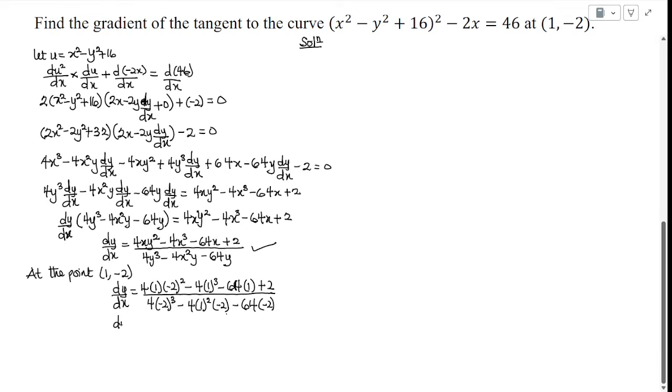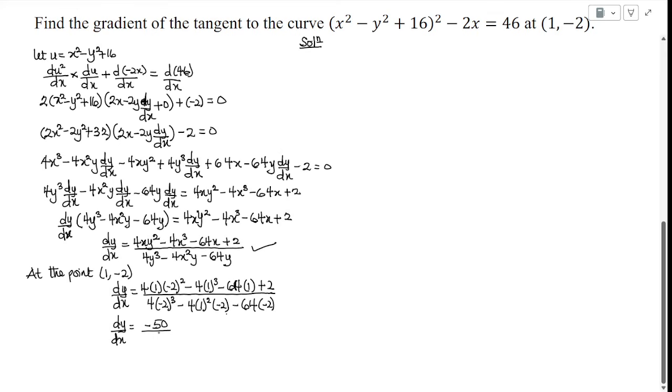So our derivative of y with respect to x will now be 4 multiplied by 1 and also multiplied by (−2) squared, minus 4 multiplied by 1 to the exponent 3. Then we also have −64 multiplying 1, and then we also have positive 2. So this gives us −50 as our answer up there.